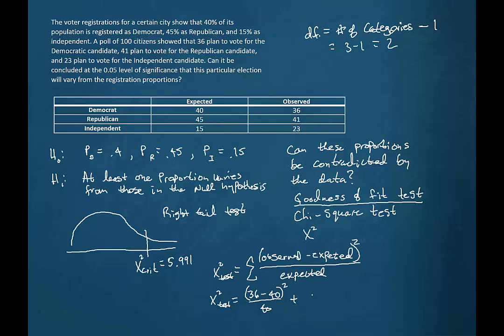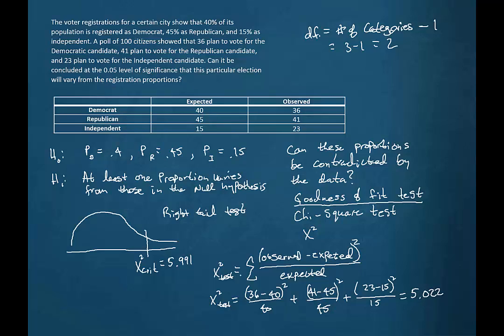So the observed is 41 minus the expected 45. That'll be squared, and then we'll divide that by the expected 45. And then we have, again, the observed 23 minus 15 squared divided by 15. And that value comes out to 5.022 if we round to 3 decimal places.